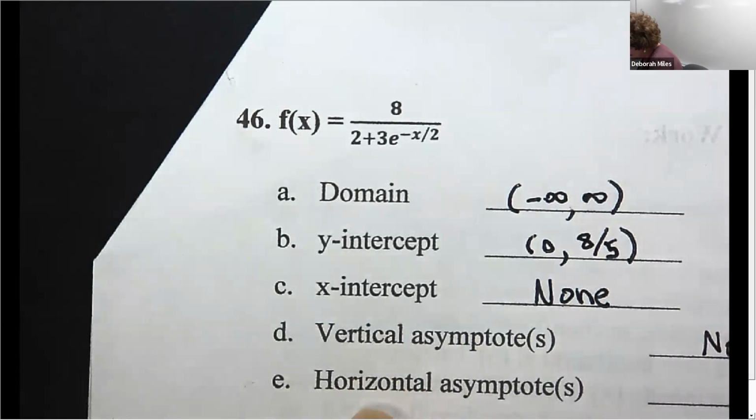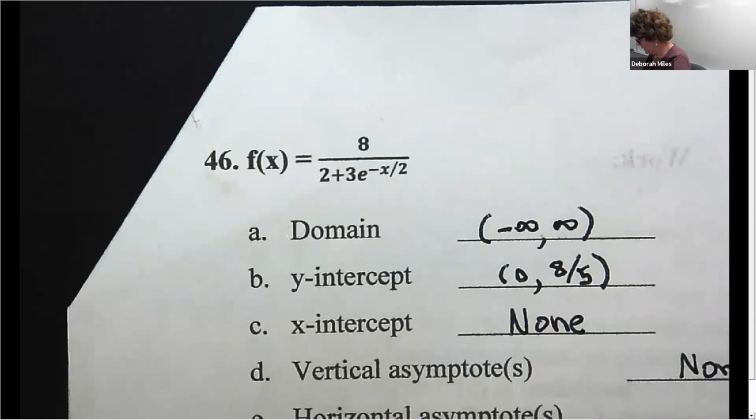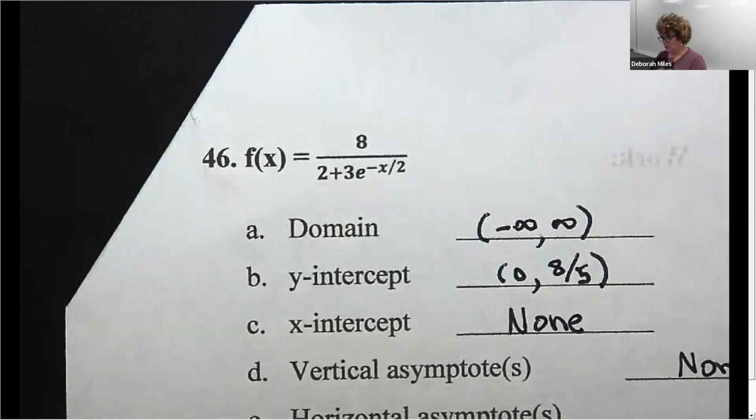Possibly a horizontal asymptote, because we know that about e to the x. How do I find or even think about a horizontal asymptote? The definition of a horizontal asymptote is a limit as x goes to infinity or negative infinity.